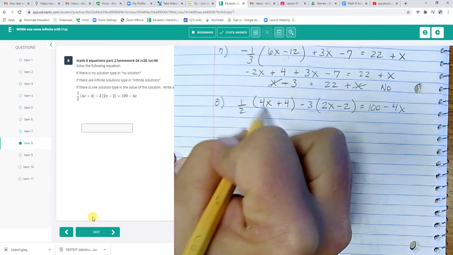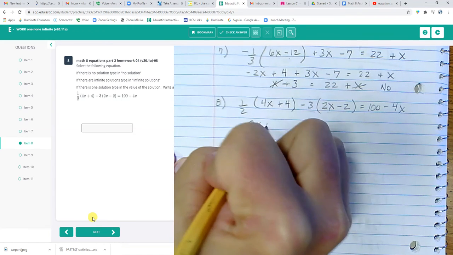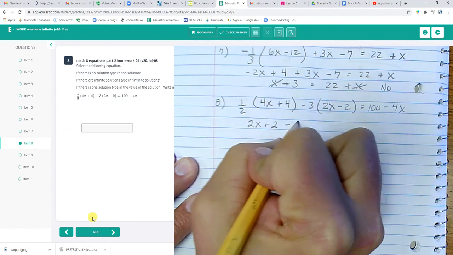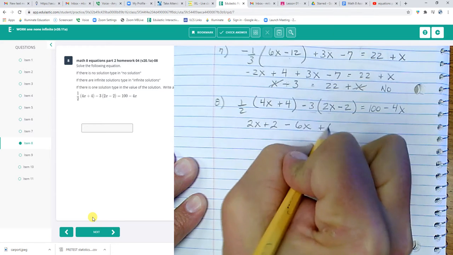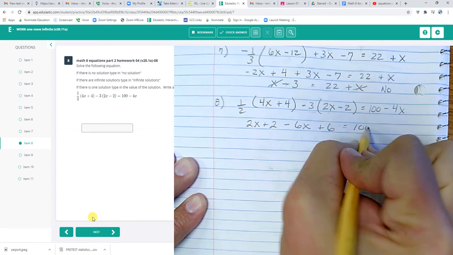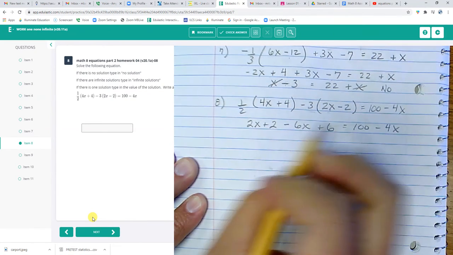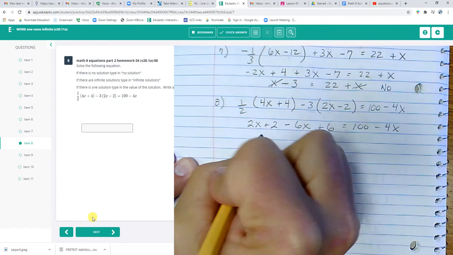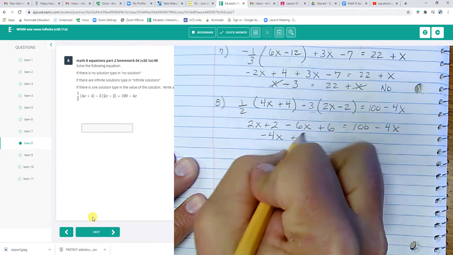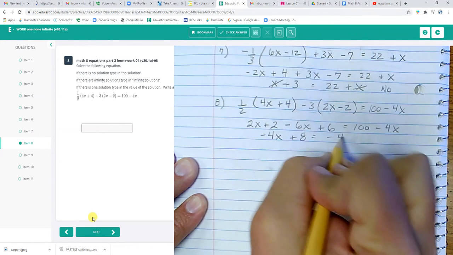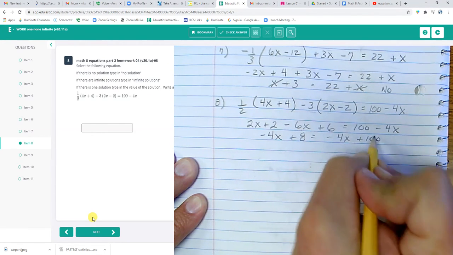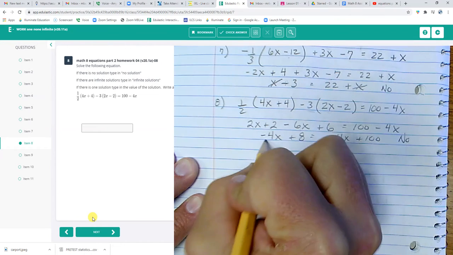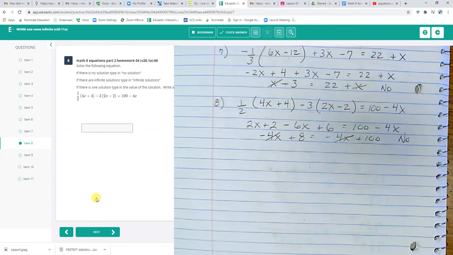Some distribution, that's going to take me to 2x plus 2 minus 6x plus 6 equals 100 minus 4x. 2x minus 6x is negative 4x plus 8 equals negative 4x plus 100. That's no solution. The x's cancel, but the constants don't. So no solution.